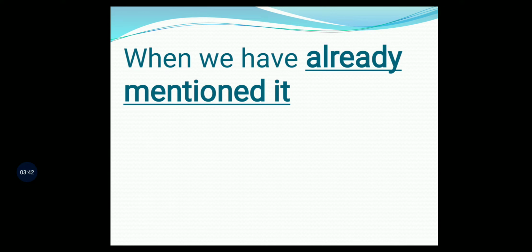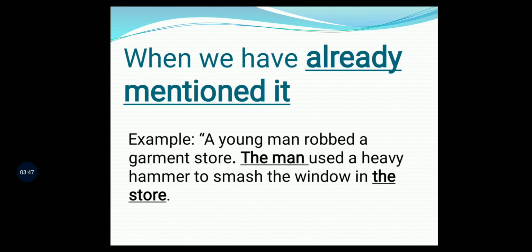Next case is when we have already mentioned it. So as we said, we use the when we're talking about something specific. But what when we have already mentioned it once? So for the second instance, we can very well use the. So for example, a young man robbed a garment store. The man used a heavy hammer to smash the window in the store.